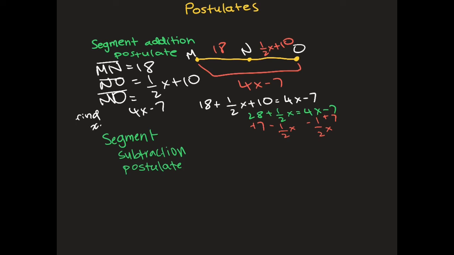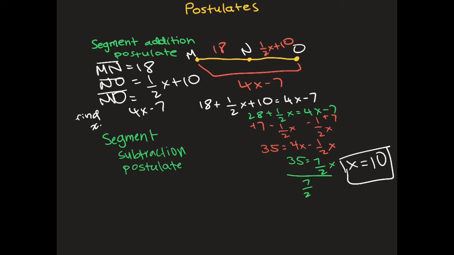So you'll get 35 is equal to 4x minus 1/2 x, which is 35 is equal to 7 over 2x. Then you divide by 7 over 2, do the reciprocal and switch it, and that gives you your x value. So x is equal to 10. That's our answer.